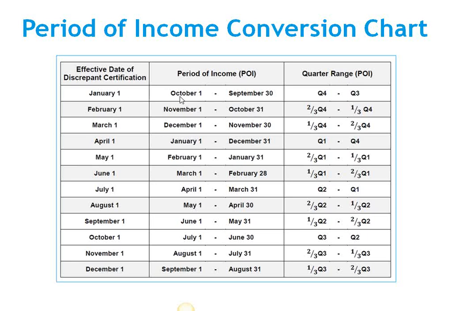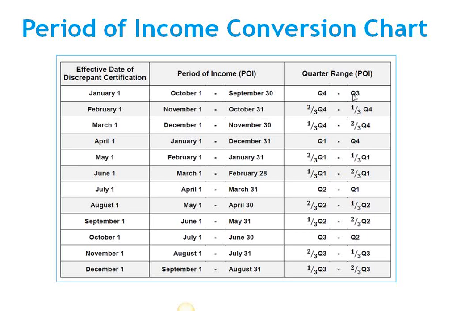do you all see that? Let's look at this very first row. October 1 through September 30th of the next year. Do you all see that that's really the same thing as quarter 4 through quarter 3 of the next year? Would you agree? Yes.